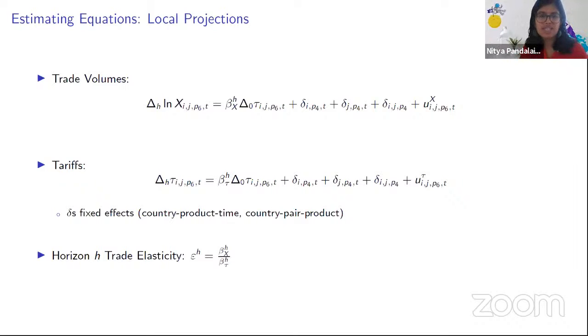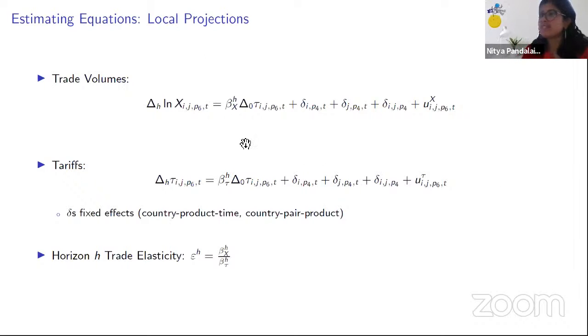And we need to do this because if you treat just an initial tariff change as all that's happening and use beta_h^x as your trade elasticity, you could get a biased estimate because, for instance, suppose the initial tariff change predicts a future tariff change, and you see over h periods a very large response of trade flows without taking into account that future tariff change, you might estimate a very high trade elasticity, which would be incorrect because the actual change in tariffs was larger than what you estimate with the initial tariff change.